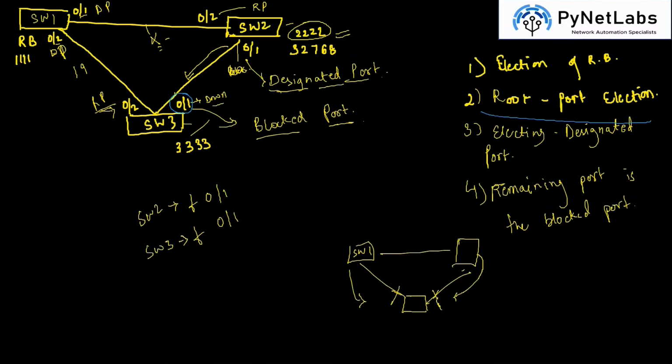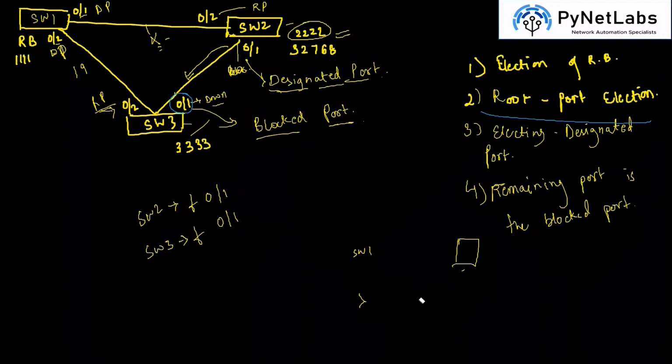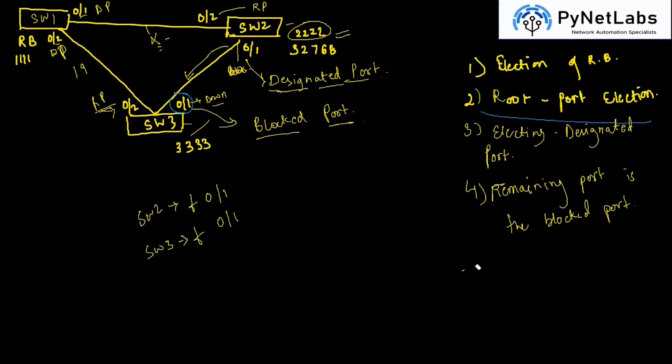Yes, okay. So I'm repeating myself after that. Please pay your attention on the class and the diagram. I hope you will be able to understand this now. So these switches were connected with each other, and this was root bridge.